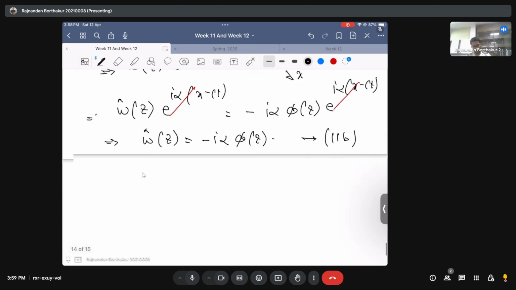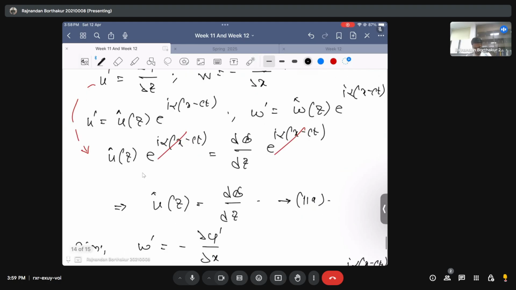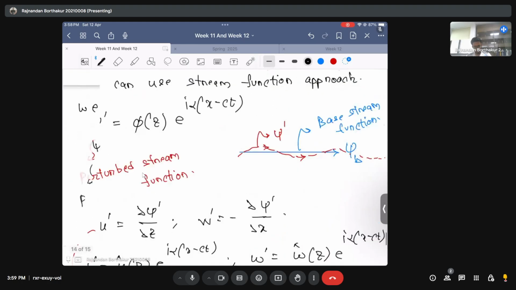So the next step is using 11a and 11b in equation 10 basically.